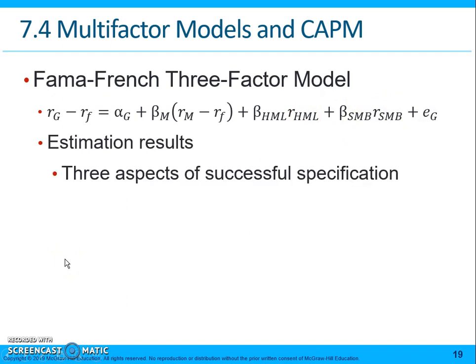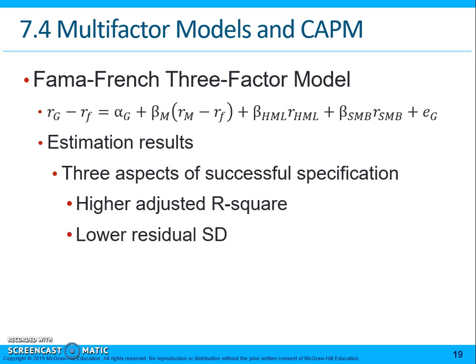So, estimation results. When we do this estimation, there are three aspects of a successful specification. Higher R squared. We're going to see that in a chart in the next slide. Lower residual standard deviation. This lower residual standard deviation relates to the error term.